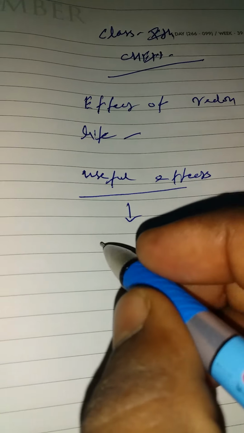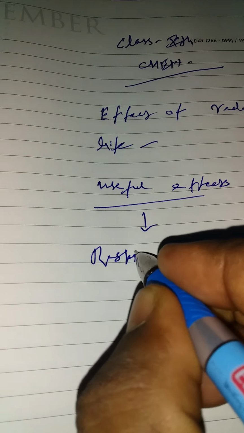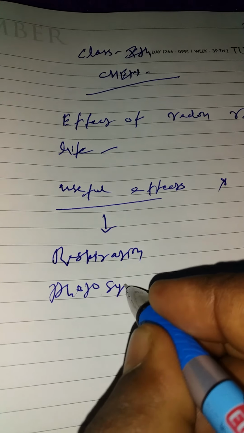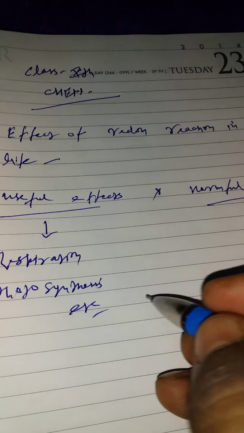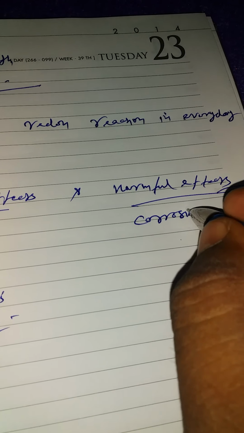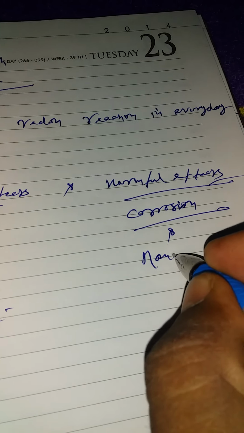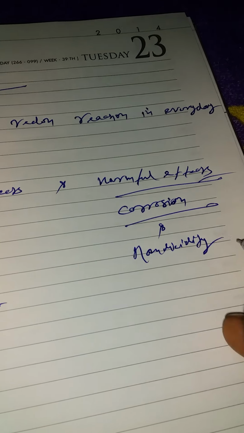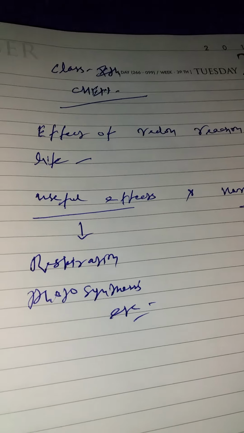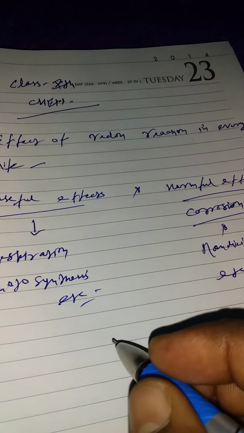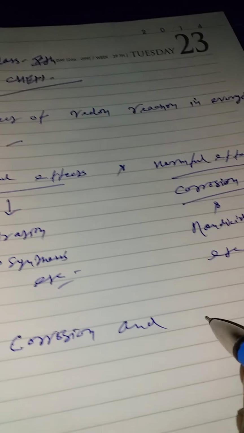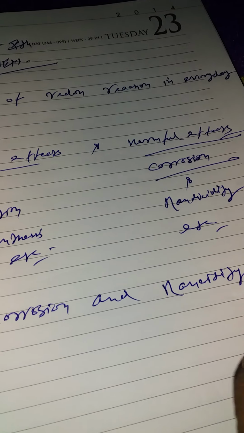Useful effects are respiration, photosynthesis, etc. While harmful effects are corrosion and rancidity, etc. In the syllabus of class 10th standard, we have to learn about corrosion and rancidity.